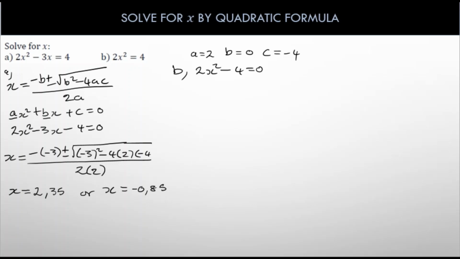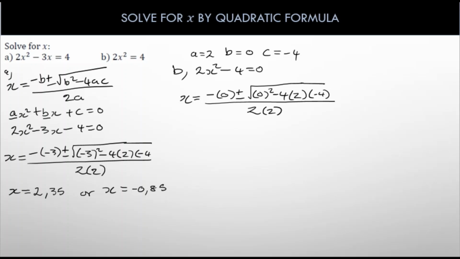So now how do we substitute that into our quadratic equation? Okay, minus, and then the value of b we've established is 0, plus minus the square root of 0 squared minus 4 times, and then a is 2, c is negative 4, over 2 times, and then a is 2.